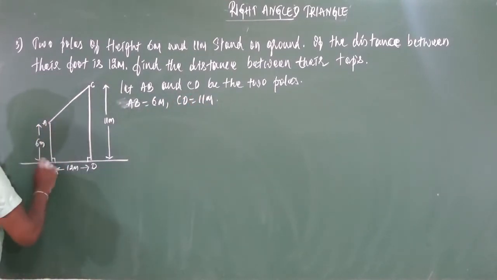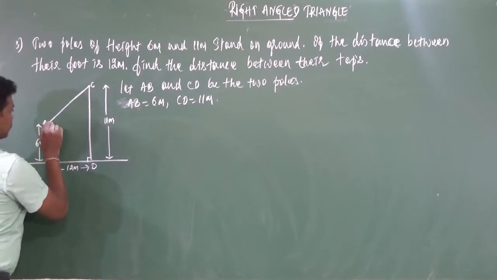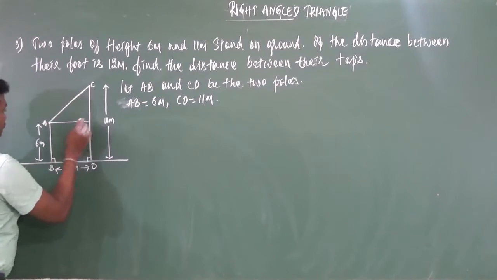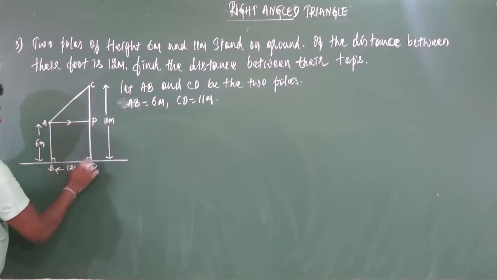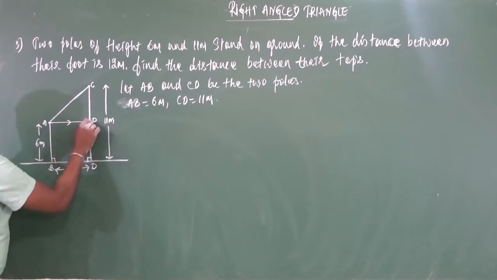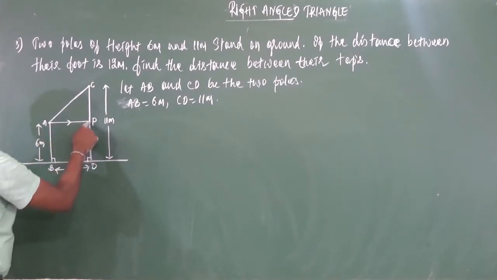Okay, now draw a line AP parallel to BD. Let it meet CD at point P. So draw a line from A parallel to BD. Let it meet CD at P.